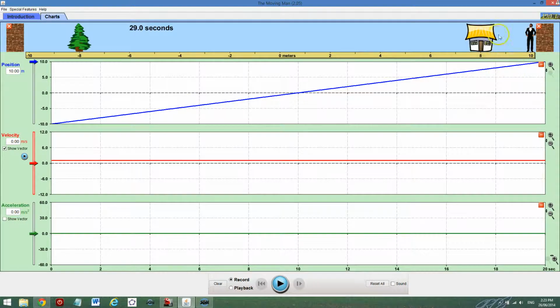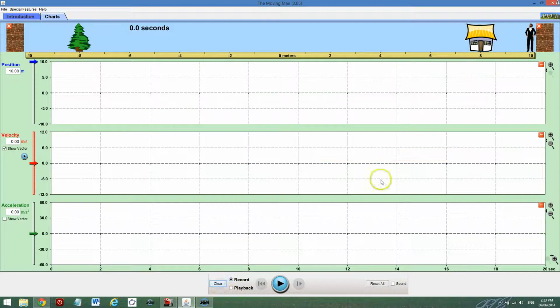Now have a look at what's happening if I subject it to acceleration. Let me clear it. Say I subject it to acceleration with a value of 0.5 meters per second square.